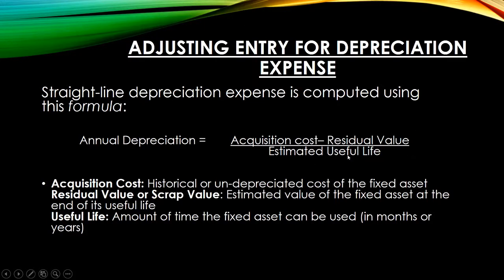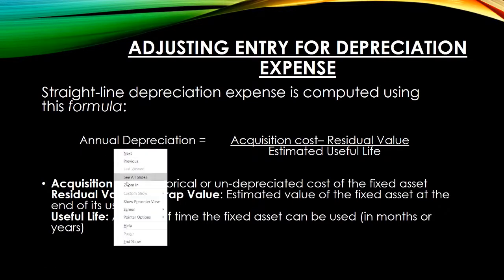So take note, if you use a useful life in years, then you will get annual depreciation, meaning the depreciation for a year. But if you use estimated useful life in months, what you will get is monthly depreciation.